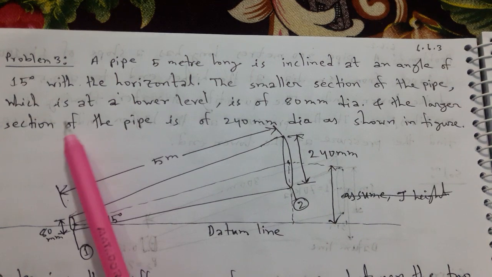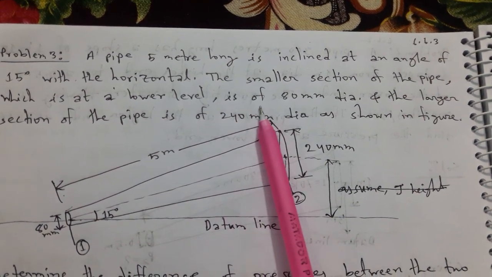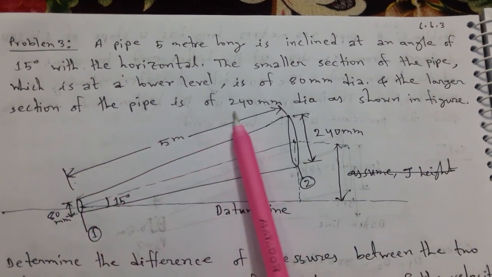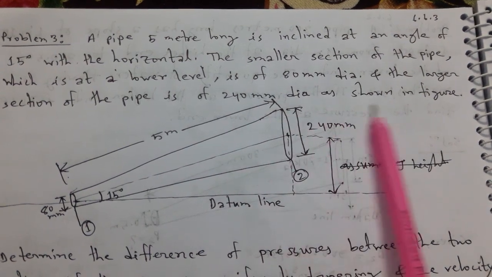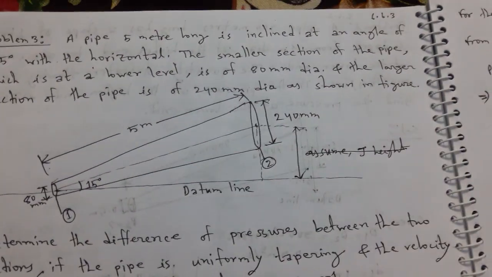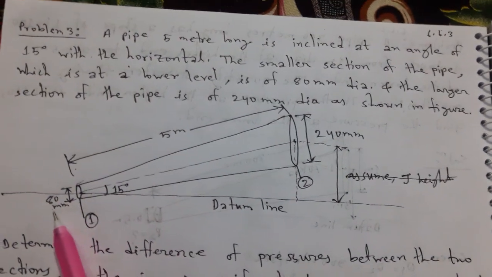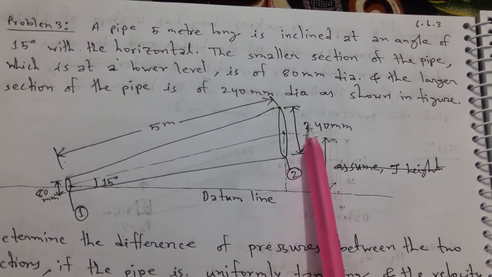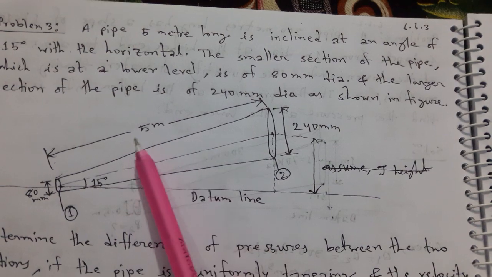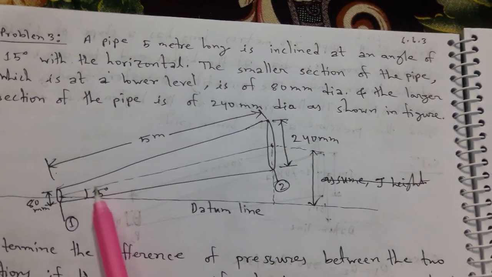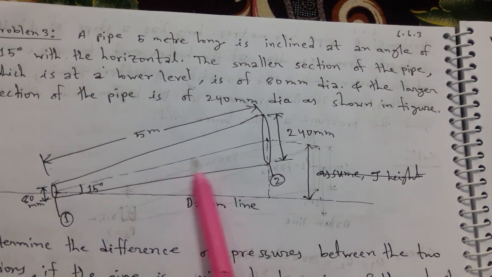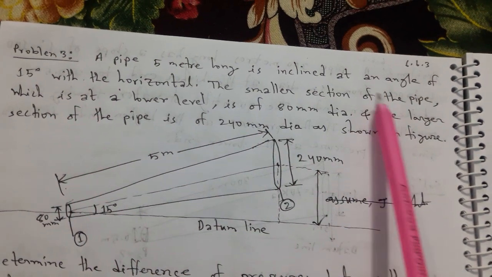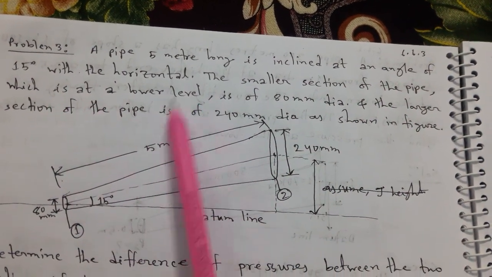The smaller section of the pipe, which is at a lower level, is of 80 millimeter diameter, and the larger section is of 240 millimeter diameter, as shown in the figure. The figure is also given in this problem.